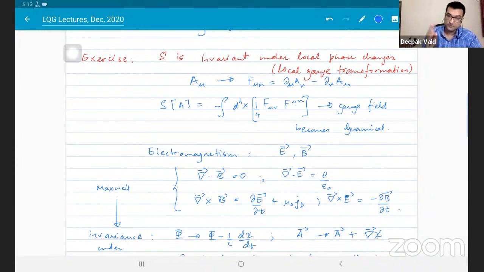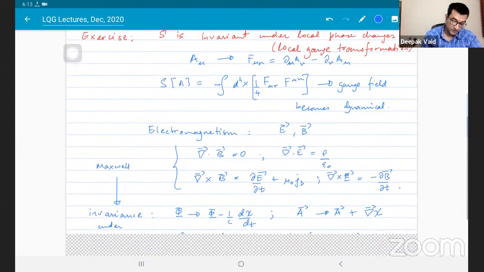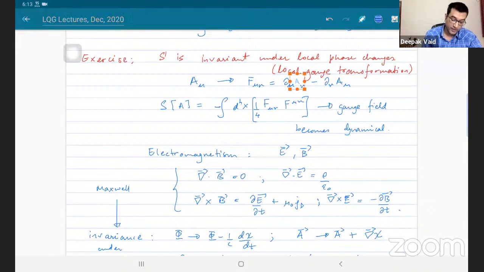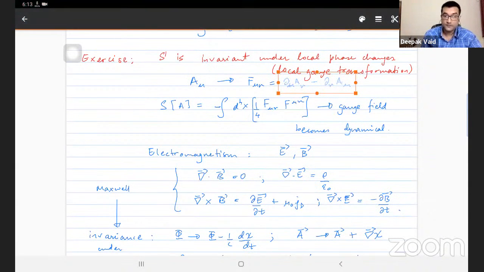We will see that the similarity becomes clear later on. If you imagine that instead of A, you put the gamma symbol, then this term d_mu A_nu, antisymmetrized, looks just like the first term of the definition of the Riemann tensor, d_mu gamma_nu, antisymmetrized. But the Riemann tensor has two other terms, which involve products of gamma tensors. In this case, we don't have those two terms.